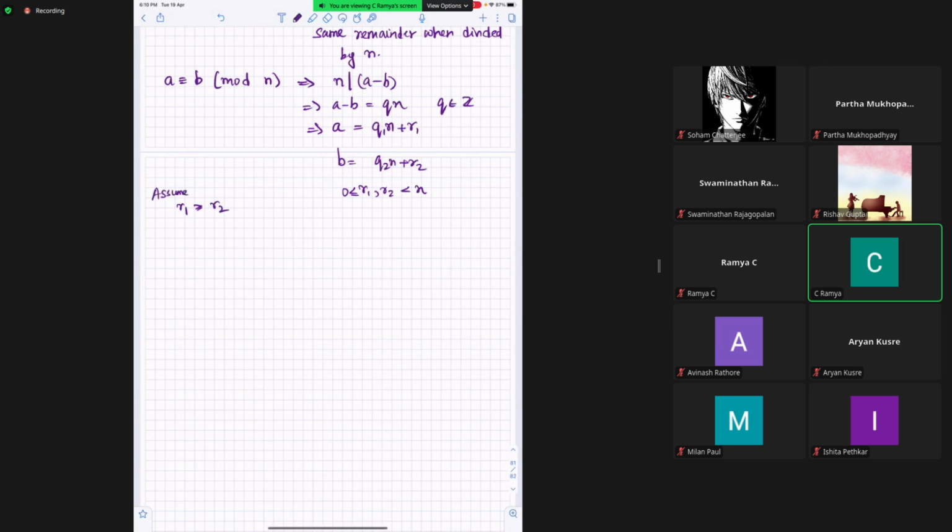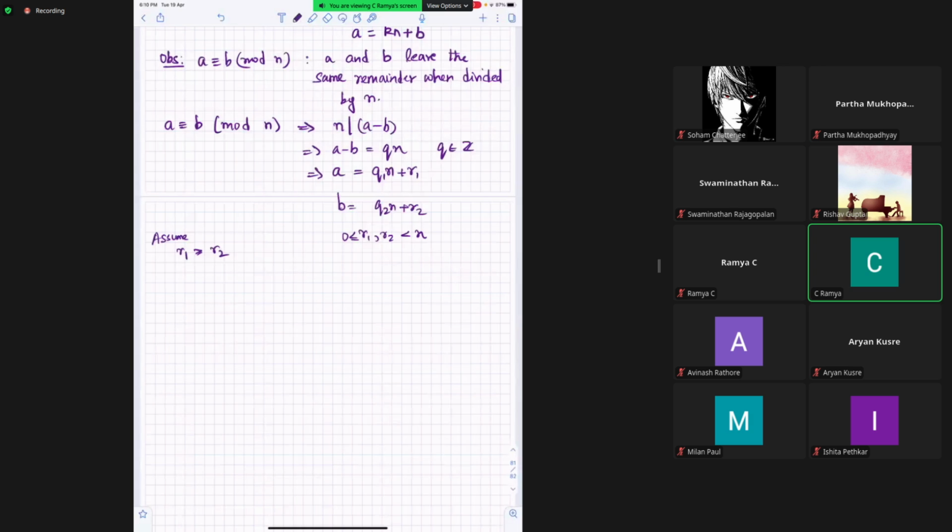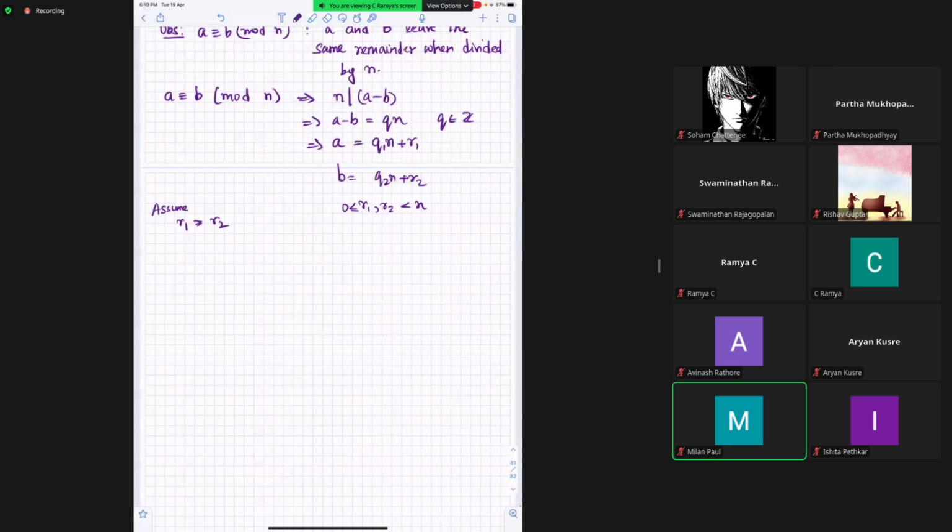So now what can you say? How do you show that both the remainders need to be the same? n divides R1 minus R2. Right.